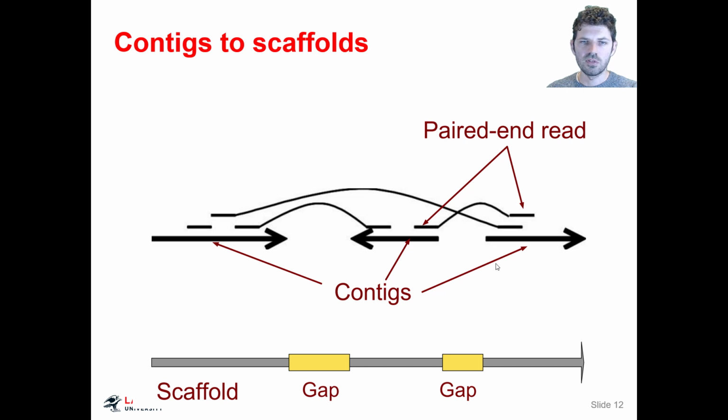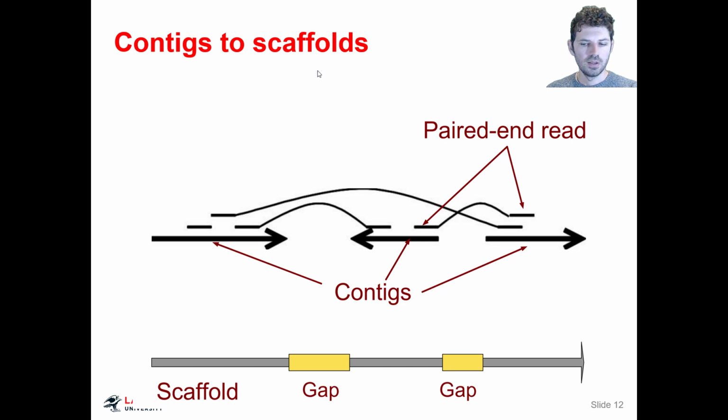If you have one read from a paired end read at one end of one contig and the other paired end read at the other end of another contig, you know that there is a relationship between these two contigs, and that they should be in that order in the genome. So when you put together your higher order scaffold of the genome, it can help you determine how these contigs are arranged, which is very helpful when doing a genome assembly experiment.